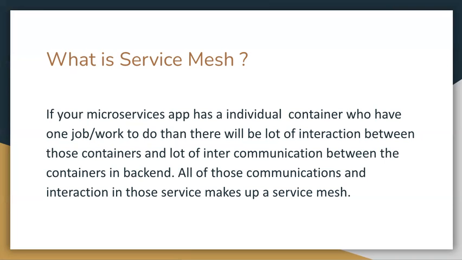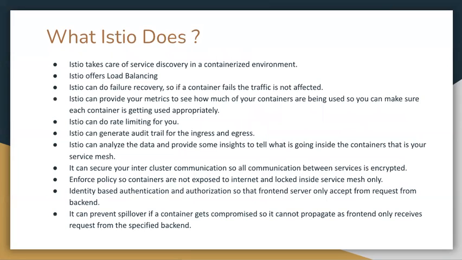So what does Istio do? We already have Kubernetes in place for running the services and containers, so why do we need Istio in the first place? When you are running these microservices, Istio can help you with service discovery in a containerized environment.